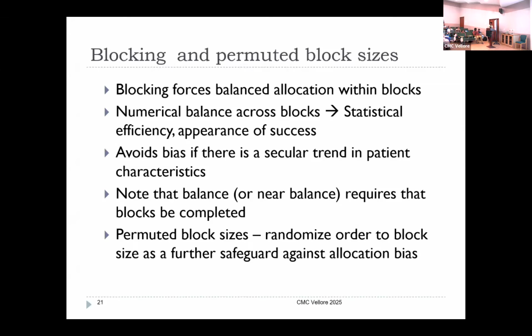Now, what we commonly do, and it's become standard, is what's called permuted block sizes. Because we now want to prevent you, the investigator, from guessing who the next person is going to be. If I tell you the blocks are of size 4, even though the allocation is blinded and the study is blinded, you know side effects.